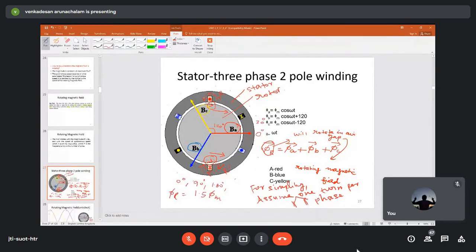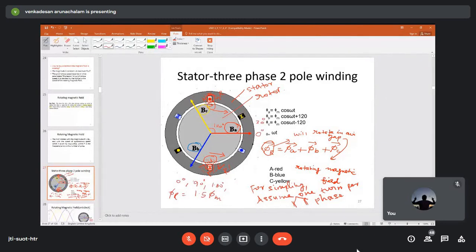For one phase, this is shown in red color. You have one conductor placed inside this slot, and another conductor placed inside this slot. These two conductors are connected together to form one turn, forming phase A, or you can say R phase.